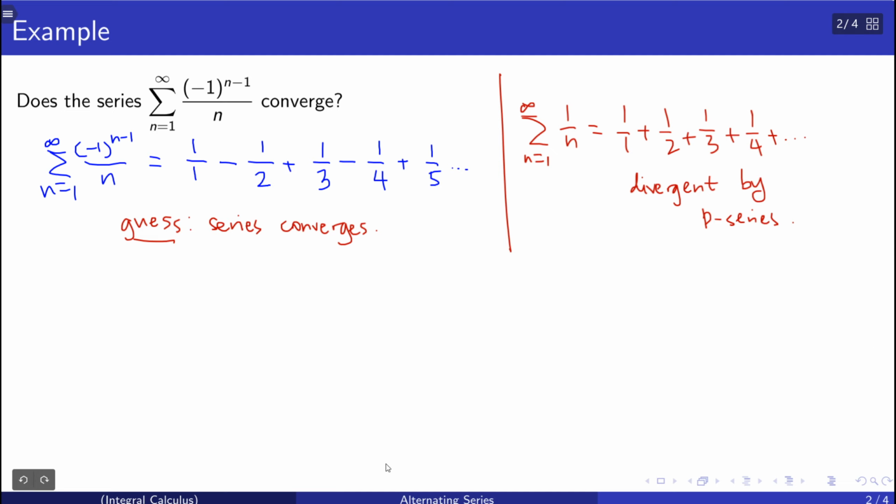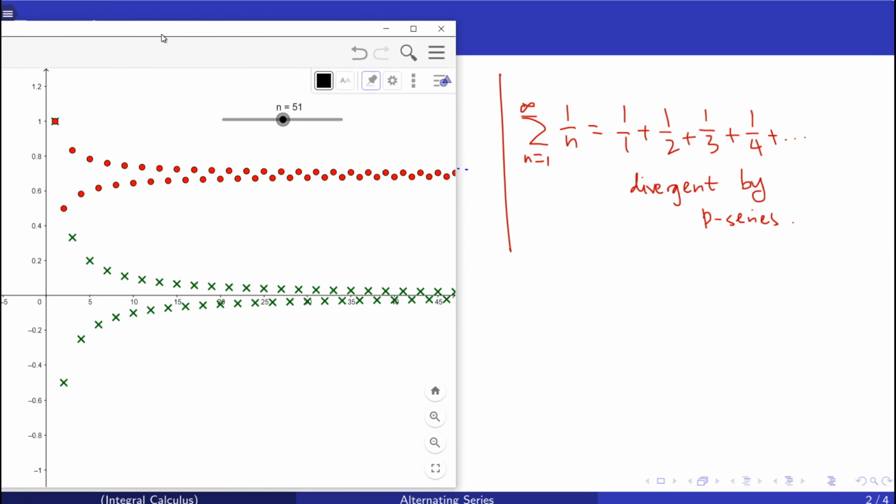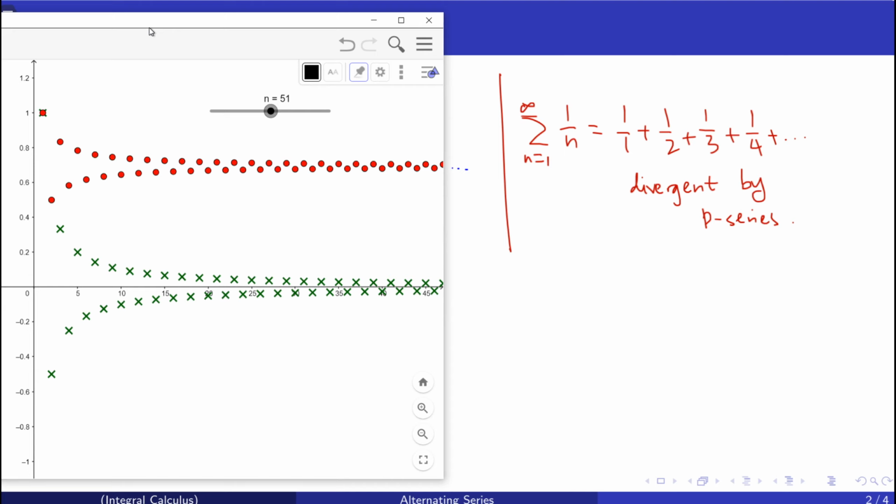Now, how are we actually able to show this? It turns out that we only require two conditions to hold in order to conclude that an alternating series converges. And you may be able to see it from this picture here.